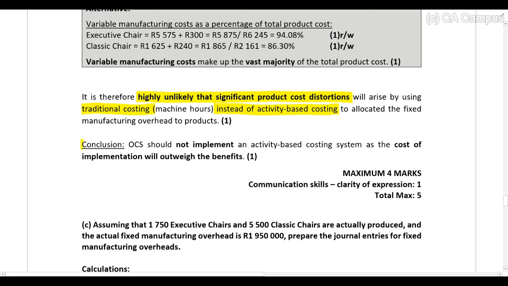So then make sure that you always have a conclusion, actually answer what you are being asked. Should they implement activity-based costing? Will they benefit from implementing activity-based costing? No, they should not implement activity-based costing, as the cost of implementation will outweigh the benefits. All right, so that's what I was looking for in Part B of the required.